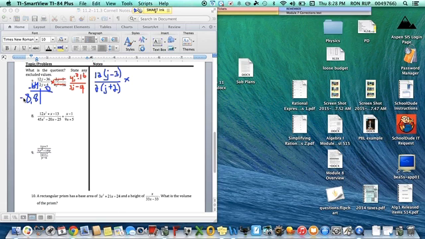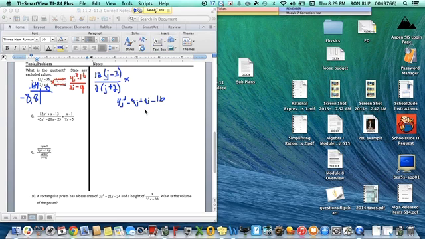Negative 8 times 8 is negative 64. Negative 8 plus 8 is 0. Now remember, because of this 4 here, you have to rewrite your expression. 4j squared minus 8j plus 8j minus 16.